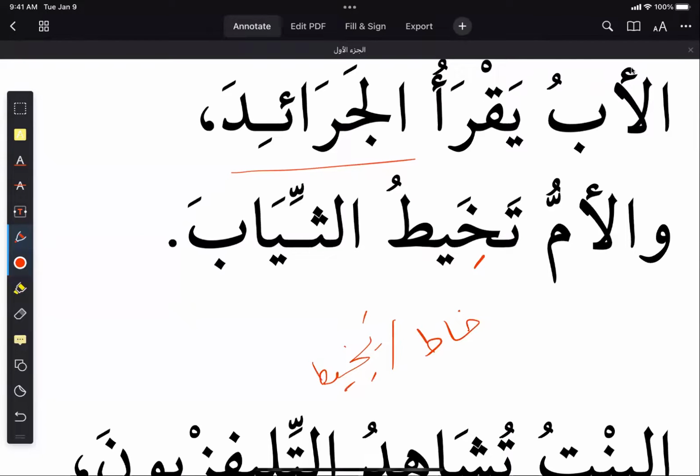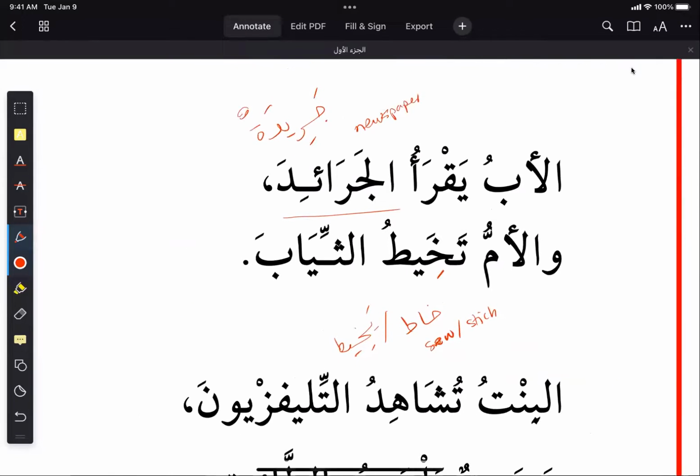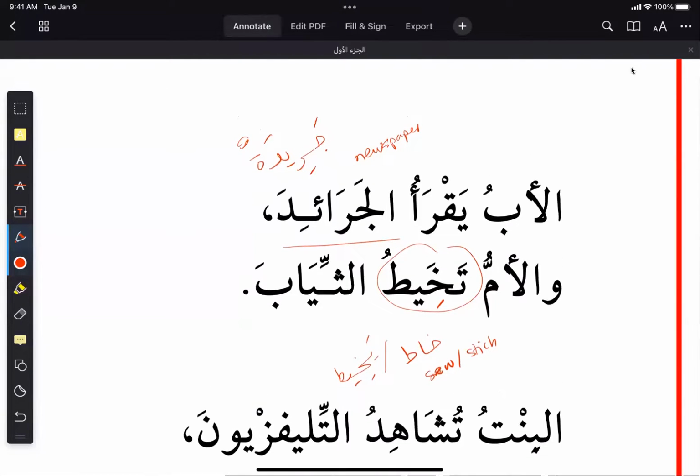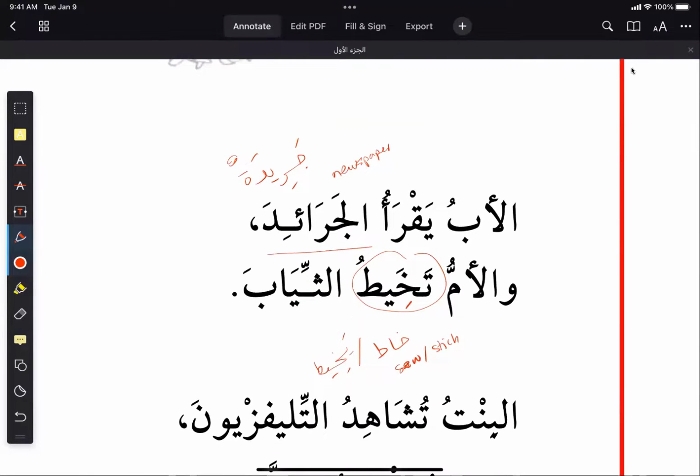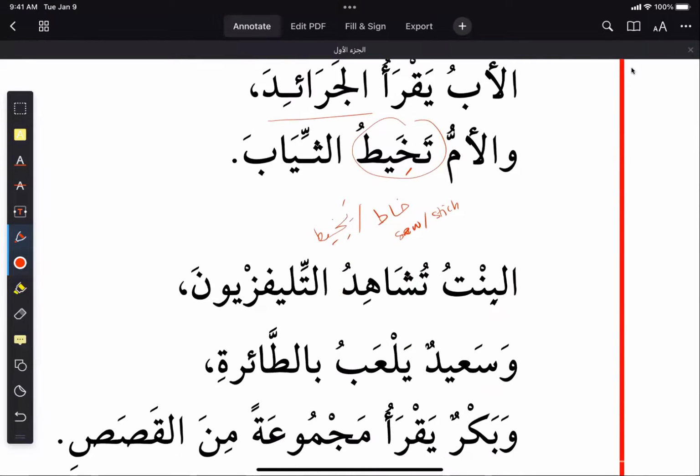It is to sew or stitch, right? So the mother is stitching what? Thiyab. Thiyab is clothes. Okay, we had these words also. I think this is the only word probably you're not familiar with. And also maybe jarida, I'm not sure if we had the word jarida before or not. Jarida, jaraid is the plural.